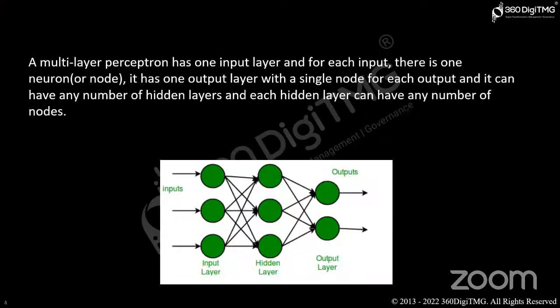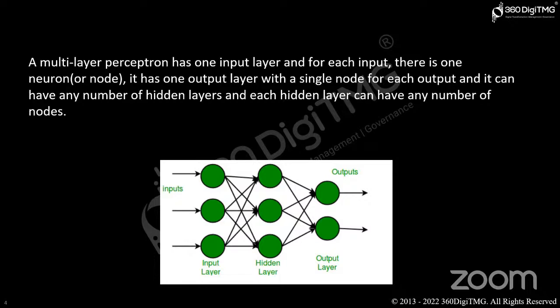So this is the diagram of multi-layer perceptron. You can see clearly the input layer, hidden layer, and output layer. In the above diagram, we can see that there are three inputs: input 1, input 2, input 3, and three nodes in the hidden layer.